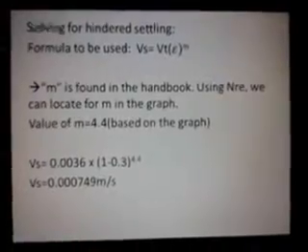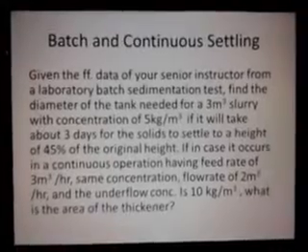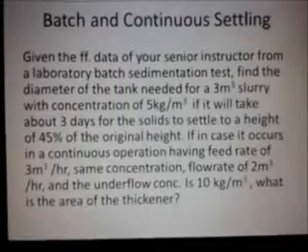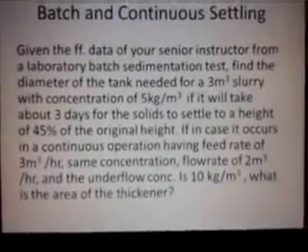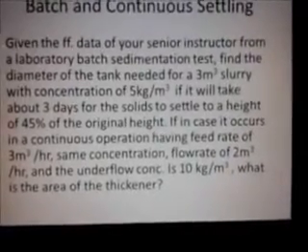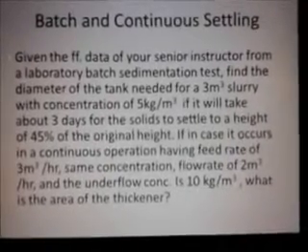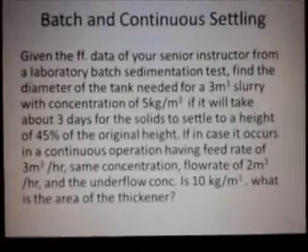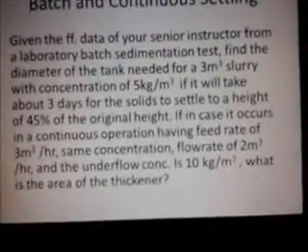Moving on to the next problem. It is about batch and continuous settling. Given the following data from your senior instructor from a laboratory batch sedimentation test, find the diameter of the tank needed for a 3 cubic meter slurry with a concentration of 5 kg per meter cube, if it will take about 3 days for the solids to settle to a height of 45% of the original height.